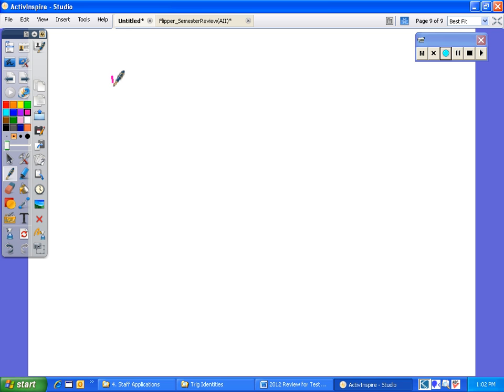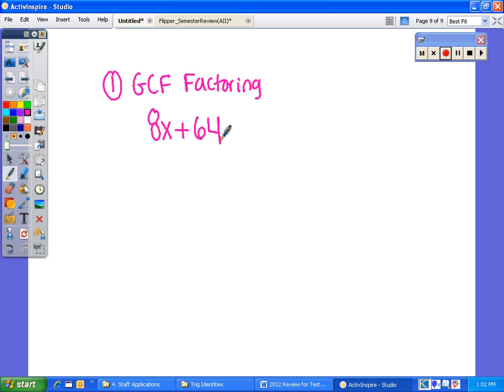The first type of factoring is called GCF factoring. That's when you share a common term. So, for example, you would have like 8x plus 64. And if you had to factor that, they both can be divided by 8.